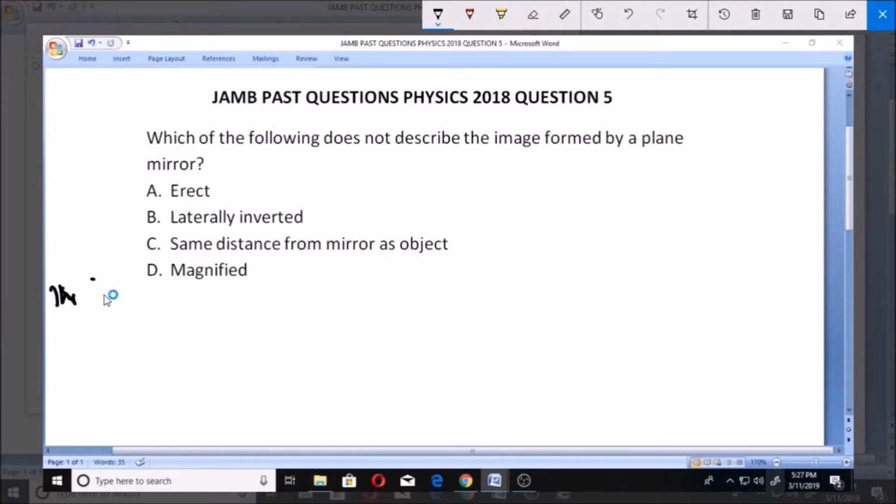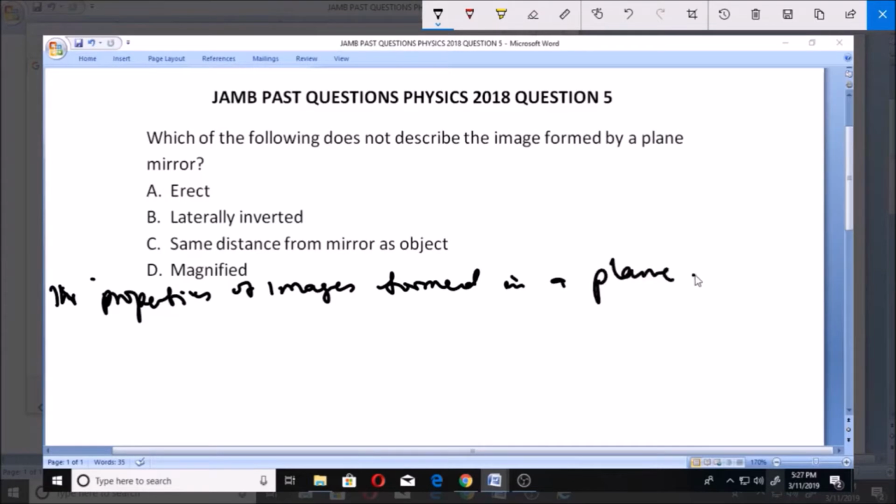Now we look at the properties of images formed in a plane mirror, which is the question here, so that we can identify from the options that we have here the one that is not there. Now, the following are their properties.